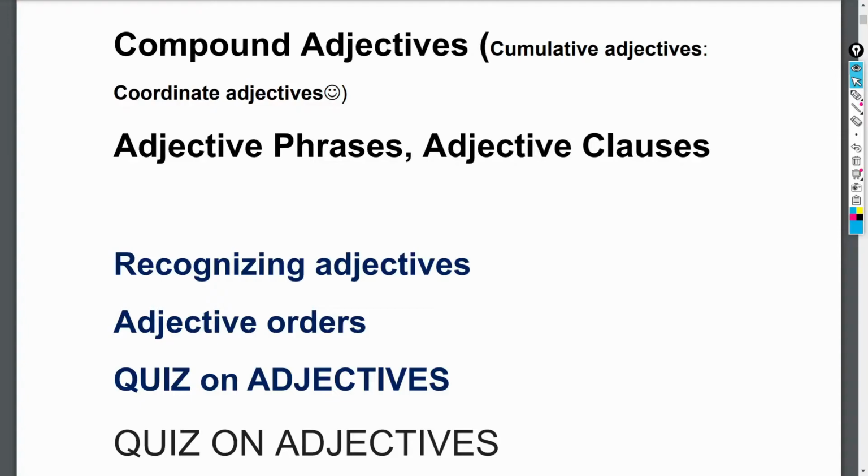Suppose एक सेंटेंस में दो तीन एडजेक्टिव इकट्ठा आया, उसमें कॉमा देना चाहिए नहीं देना चाहिए, तो वो आएगा. देन देयर विल बी द क्वेश्चन ऑफ whether it is the cumulative adjective or it is the coordinative adjective. Therefore, now let us see. So we will be going to the quiz now.